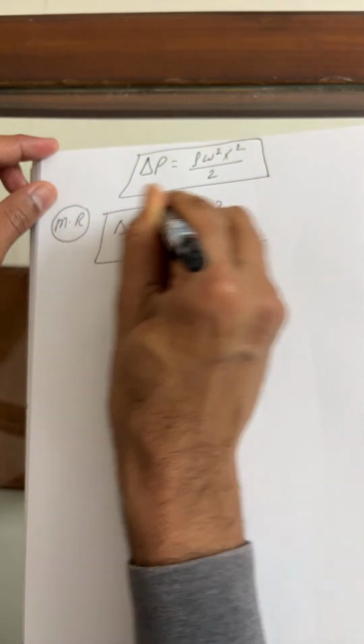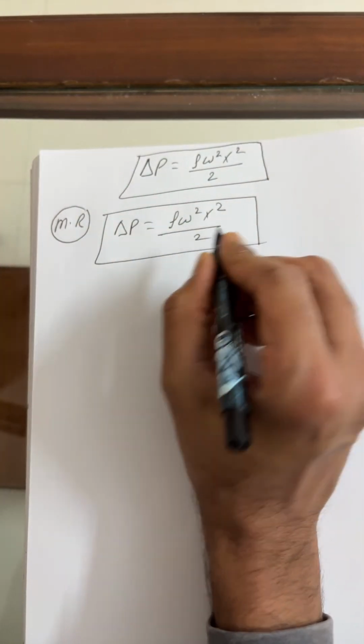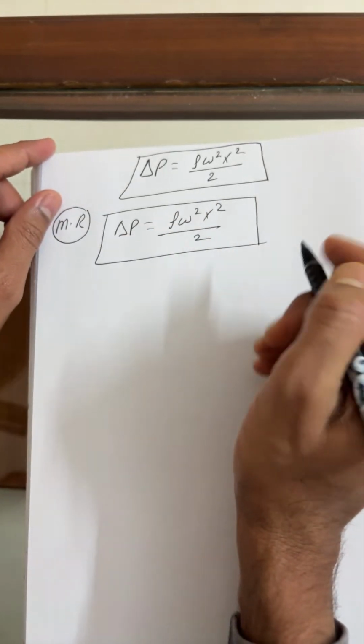2. This is delta P when moving away from the rotational axis.